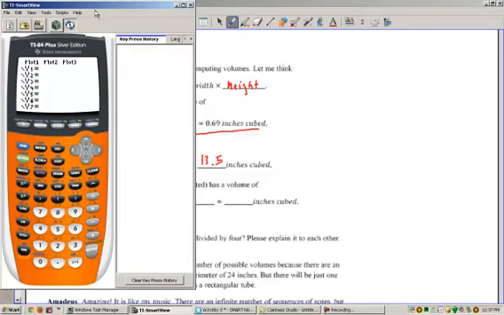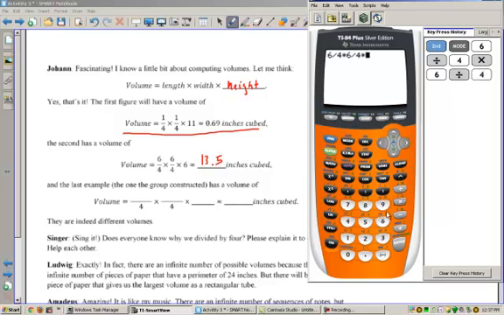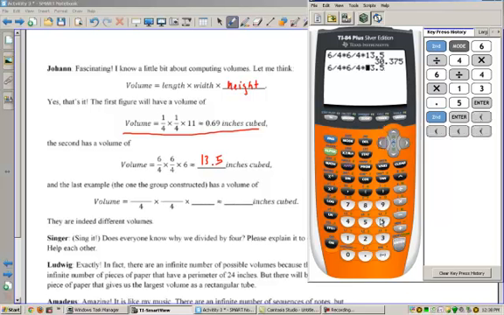So you can do this on your calculator. So my calculator here, you can do 6 divided by 4 times 6 divided by 4 times 6. Oops, I messed that up, that 13.5 should have been a 6. Right, so there we have 13.5 inches cubed.